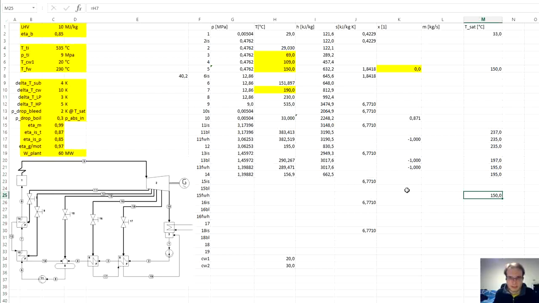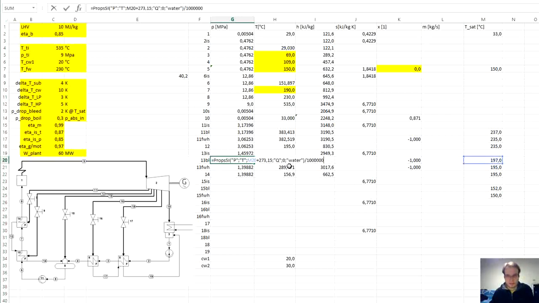So saturated temperature of 150 degrees C. For the turbine bleed, the saturated temperature again needs to be higher so that we get higher pressure at the turbine bleed. Use the functions for obtaining pressure from saturated temperature.